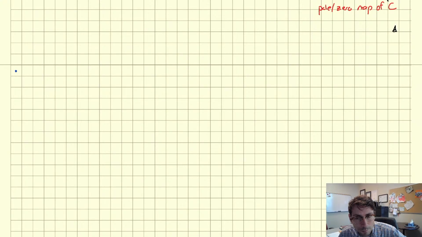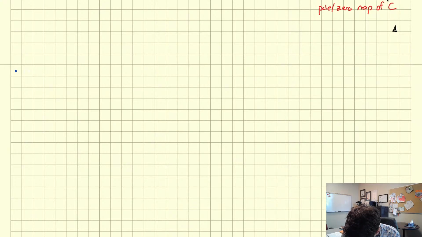One thing about this controller that we just designed is that it was only proper. It wasn't strictly proper. In other words, the degree of the numerator and the degree of the denominator were equal. And sometimes in practical applications, you don't want that.